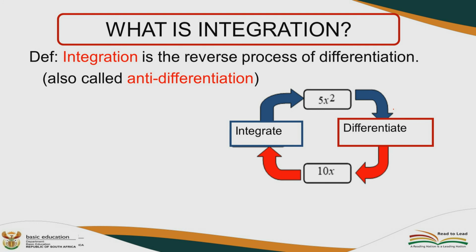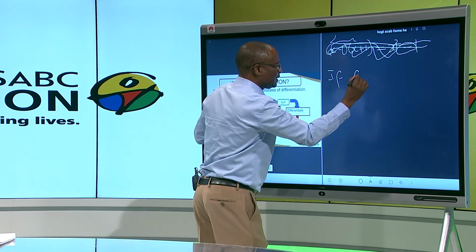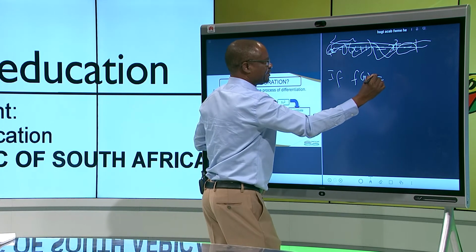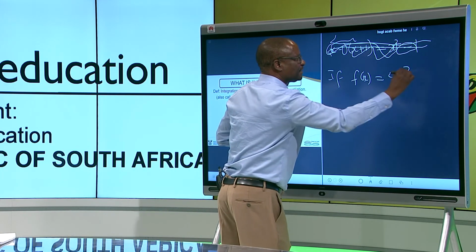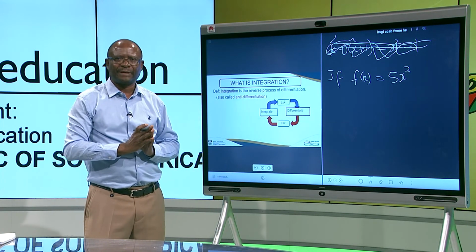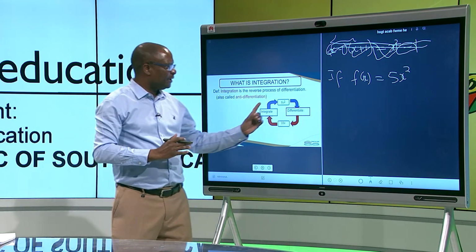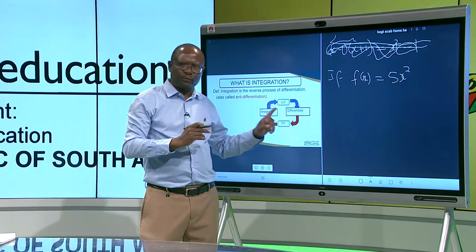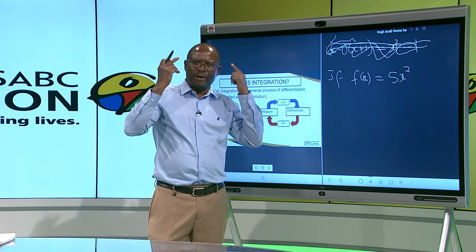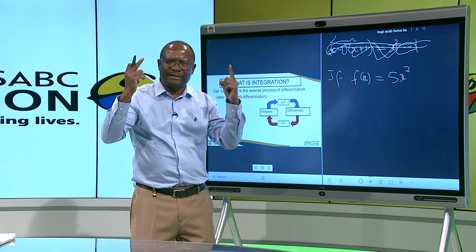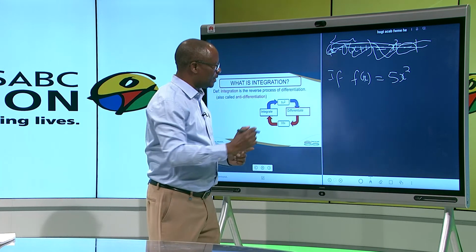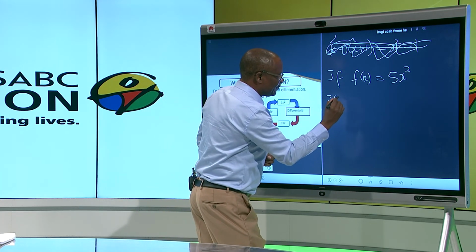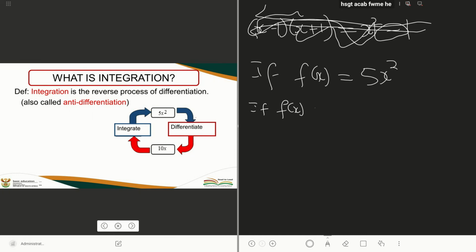Okay. Suppose you are given f of x equals 5x squared. That's the form that you are given. And now, if you are requested to differentiate, then as much as we are talking of differentiation, always remember your definition of differentiation, which says, if f of x equals x to the exponent of n, what does it mean?